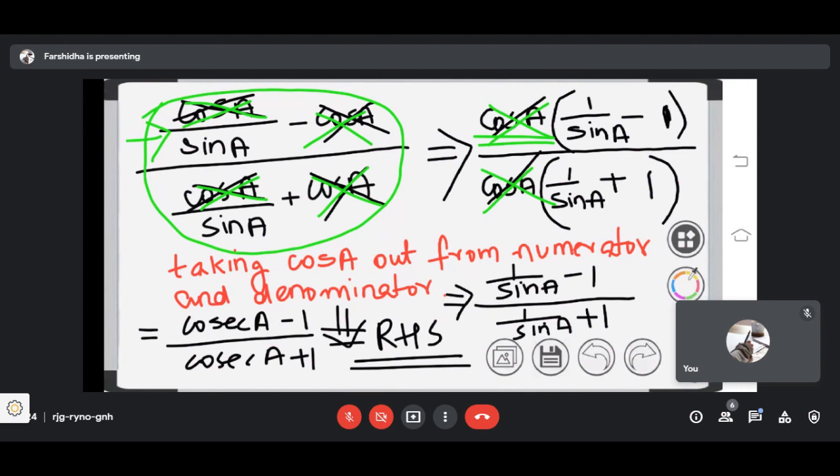It got cancelled and what else is remaining? 1 by sin A minus 1, 1 by sin A plus 1. So 1 by sin A we know, it is cosec A. Reciprocal of sin is cosec. So I have replaced 1 by sin A as cosec A. So cosec A minus 1 divided by cosec A plus 1, that is your RHS. So you can write LHS equal to RHS, hence proved.